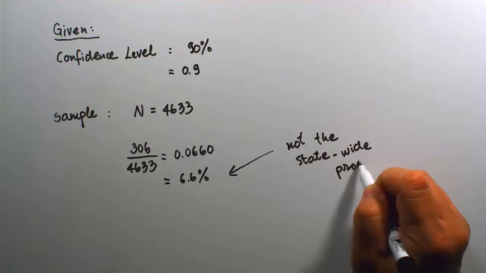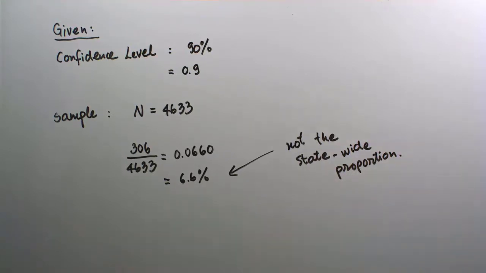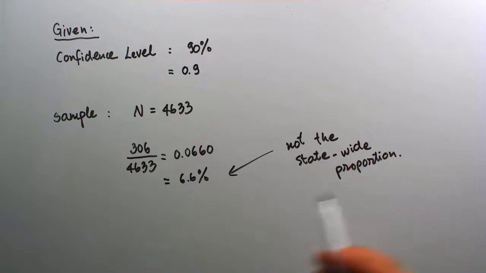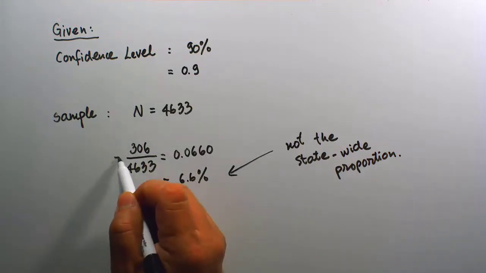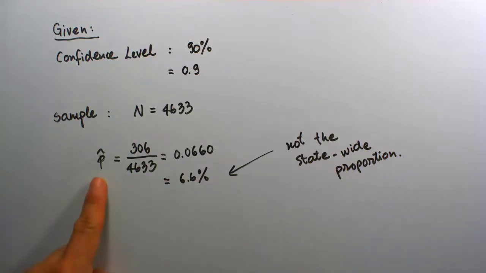It's a proportion, but it's just not the statewide proportion, because the entire state of Washington has a lot more residents, but the number of tests on that day, we only test 4,633 residents. And so this is not the statewide proportion. However, in our understanding, this is a sample proportion, and that is a lowercase p hat.